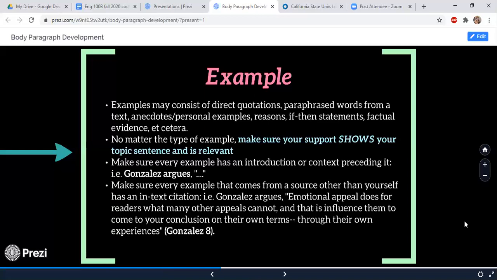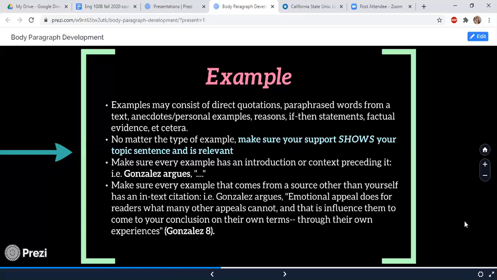Make sure you also introduce each example and contextualize it. So if you are getting it from, let's say, Adichie, you should introduce Adichie. You should say, according to Chimamanda Adichie, in her TED Talk, The Danger of a Single Story, she asserts that, and then you can put your quote, right? Now, if you're talking about your own personal example, you should contextualize it.